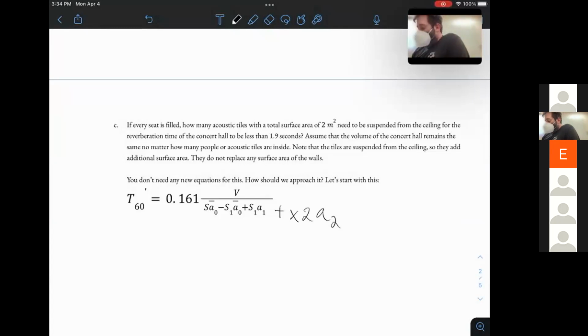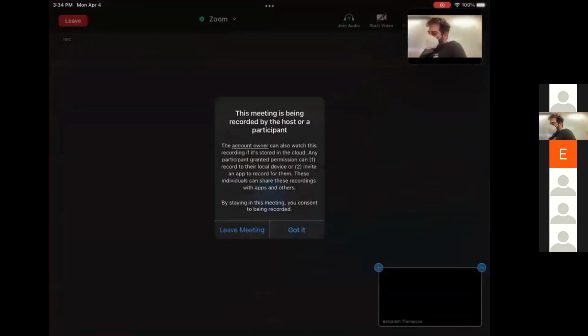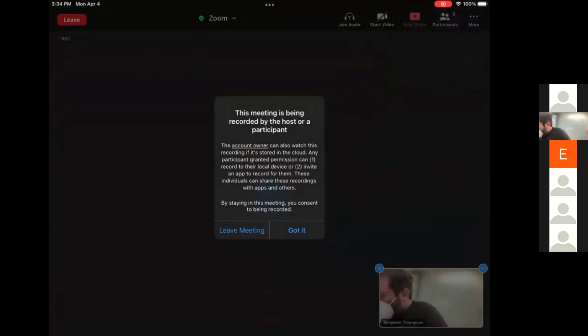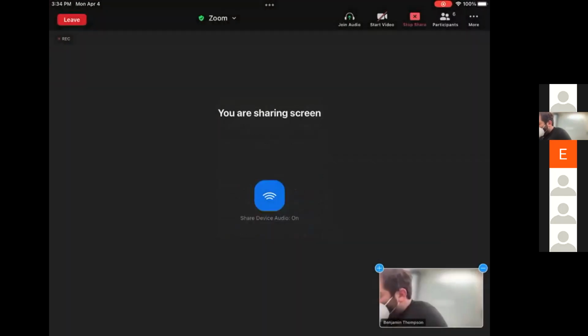You can do that by hand, you can plug it into MATLAB, you could put it into Desmos, whatever you want. I don't like that X there. Let's call it something else. Let's call that N. That seem right to you guys? Seem reasonable? Just make sure you keep your surface areas and your absorptivities straight, like which one's which.